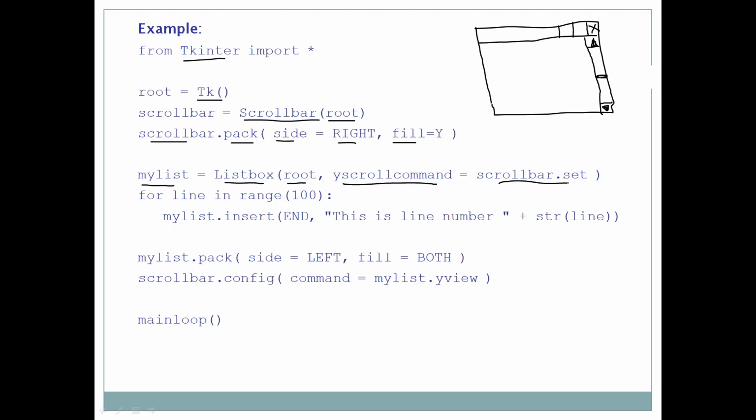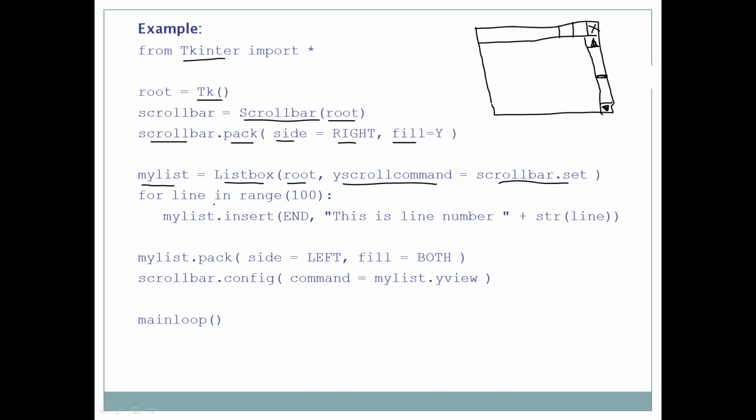If we want to move the content horizontally, it would be h scroll command, that is horizontal scroll command. Here we want to move the content vertically, that is up and down. So it is y scroll command, and it is equal to scroll bar dot set. It means when we change the value of the scroll bar, the value of y scroll command will also change.